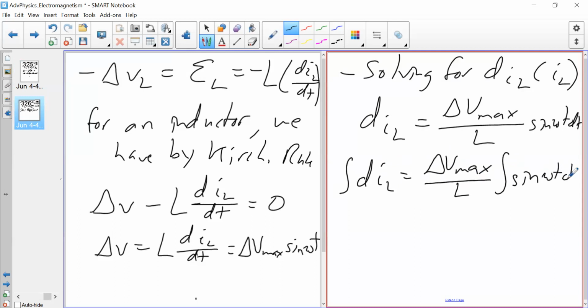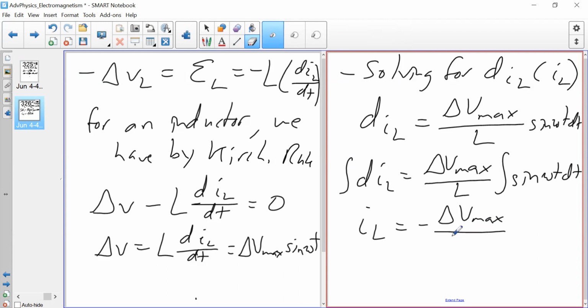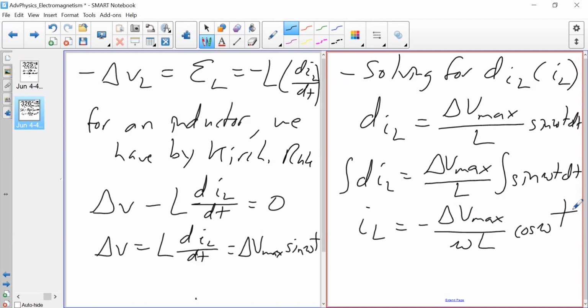Sine omega t dt. This becomes I_L equals, now, I'm not sure in your calculus books, but the integral of the sine function here, I definitely have in my trusty mathematical methods book. Delta V max, I'm just going to give this to you. The integral of this is negative delta V max over omega L, 1 over omega, cosine omega t.